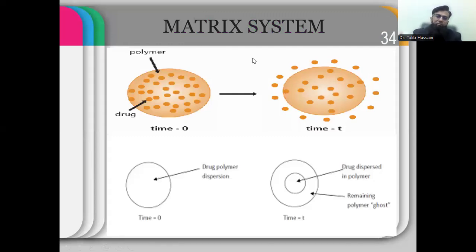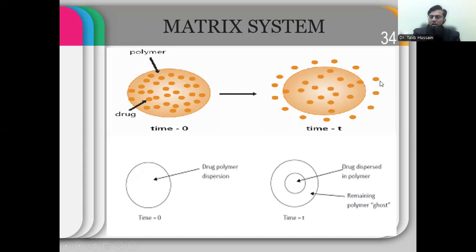So in the matrix, there is a drug dispersed in a polymeric material. When the solvent penetrates, for example, here the drug is in the darker orange circles and the light orange color is the polymeric material. When the solvent is penetrating at time 0, it looks like this type of matrix system. When solvent is penetrating in the matrix, it will dissolve the drug molecule, and the drug molecule will diffuse from this polymeric material. It will come out.